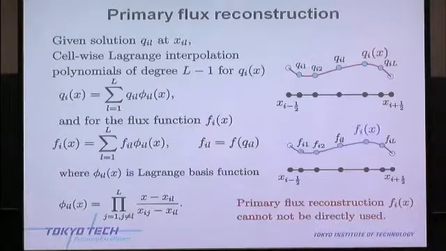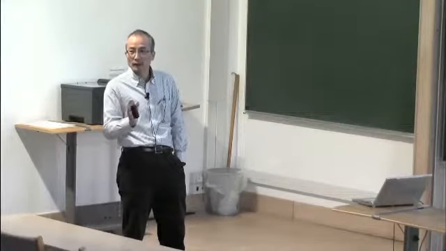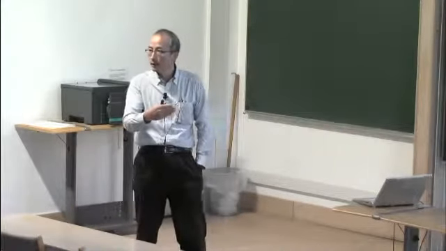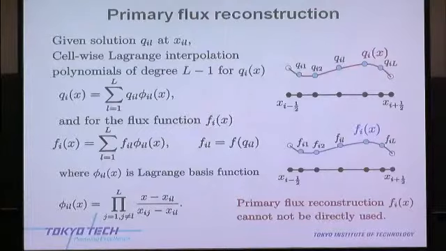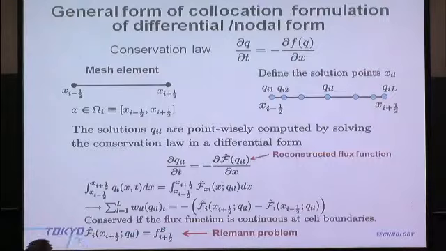And you get the interpolation function cell-wisely. But since all of those reconstructions are isolated for each cell, we do not have information from a neighboring cell. Of course, you cannot use that one directly here to update the Q.